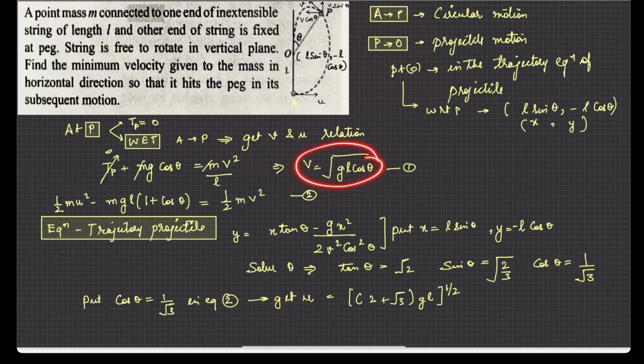From there we got the relationship between velocity at this point and my theta, okay. The relationship came: root of g L cos theta. Second, I applied the equation from here to here to get the value of u, okay. But again theta is unknown to me and v is also unknown to me, two unknowns were there. So I could not find the value of u, because even if you put the value of v here, this whole u comes out as a function of theta. So I need theta.